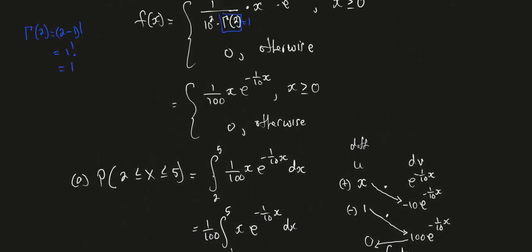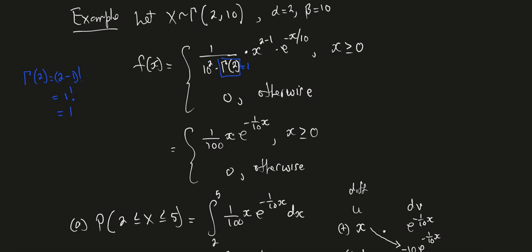But for us to be able to do a problem, the alpha has to be a positive integer. Otherwise, first of all, we wouldn't be able to evaluate this for the most part, and then the actual integration would be very, very difficult, right?